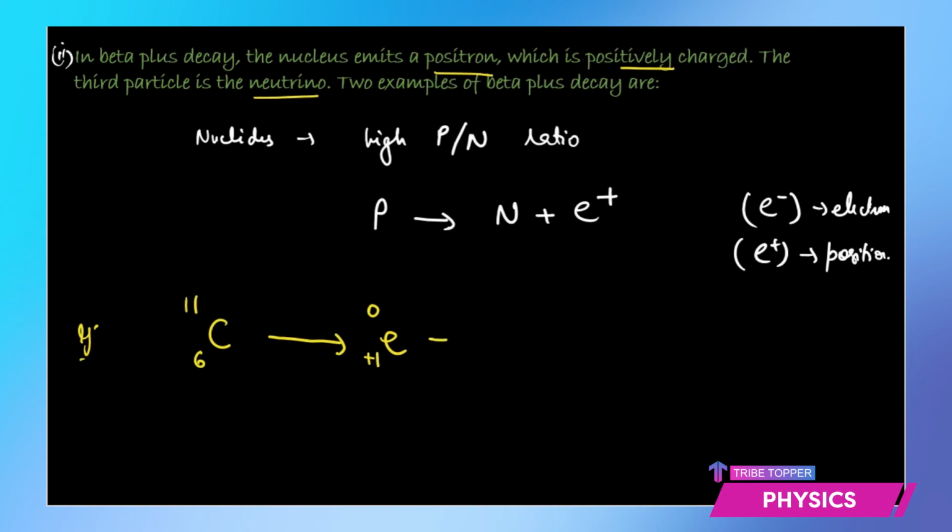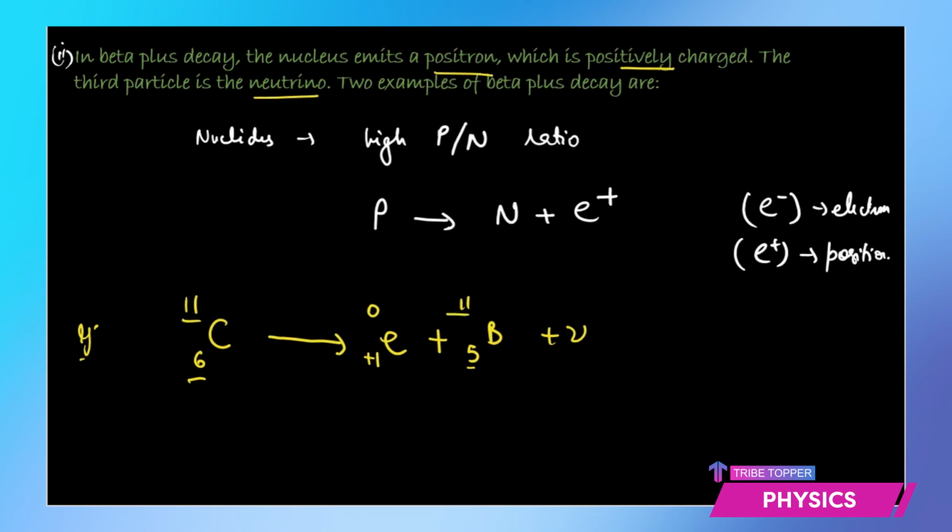To maintain charge neutrality, you get 5 B 11 plus a neutrino. Earlier it was an antineutrino, so I had put a bar on the top. Now it's just a neutrino. So plus 1 and plus 5 gives you plus 6, and 11 remains 11. So that is positive beta decay.